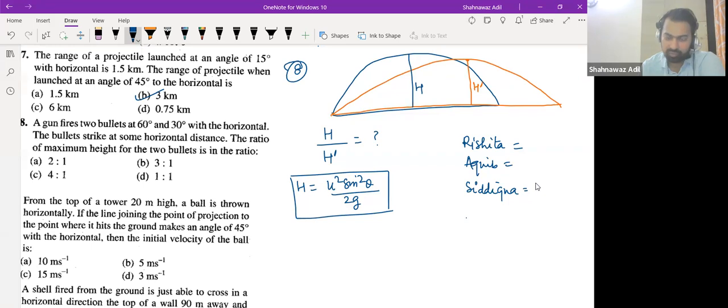Calculating, sir. Sir, I think it's 2:1. Okay, so Rishita got 2:1. Remember, this is sine 60 and sine of 30.